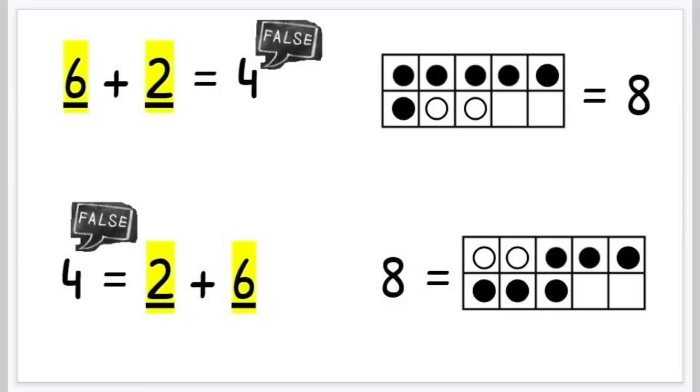So it is not true, or it's false, that 6 plus 2 more is 4. And we can check our work by looking at the 10 frame. 6 plus 2 more is 6, 7, 8. And that doesn't work because those are not the numbers that we are trying to use in our addition number sentence.